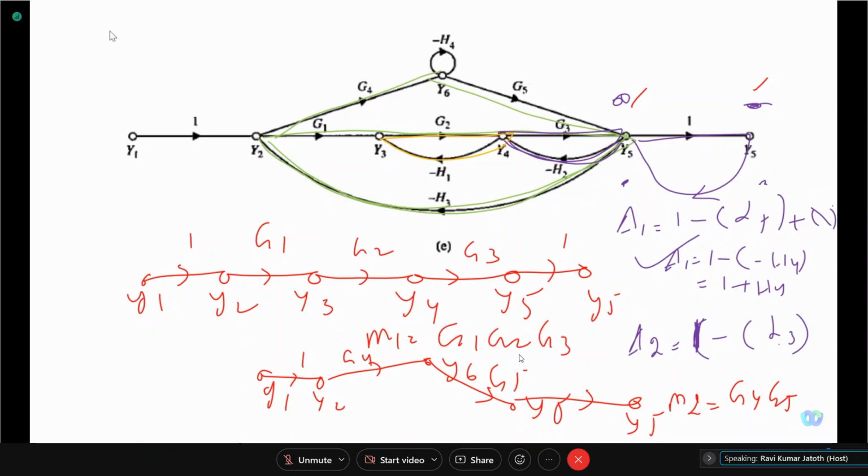So now delta 1 will vary, right? What would be delta 1 here if I consider Y3 by Y2? G5 minus H1, H2. Here two loops will be the non-touching loops, no? We have L3, L4, and L5. So 1 minus this and this both will come, no?